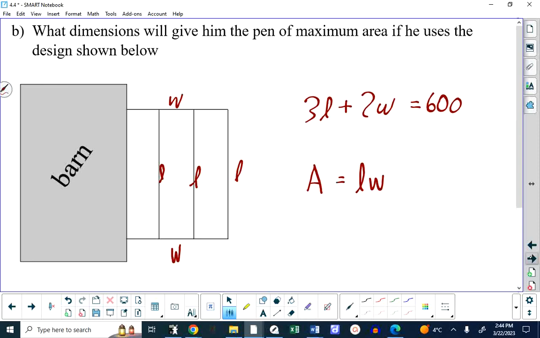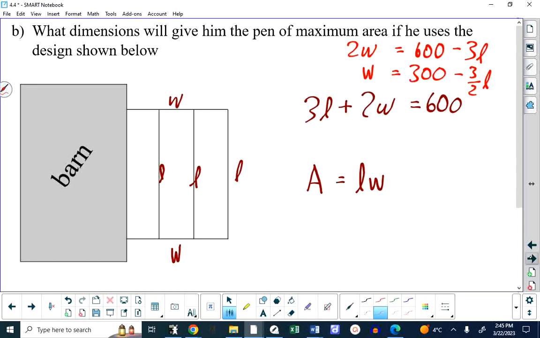If you rearrange for W, you're going to have halves. I'm going to rearrange for W. Two W equals 600 minus 3L. So W equals 300 minus 3 halves L.